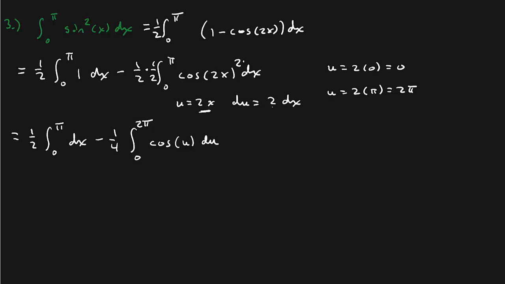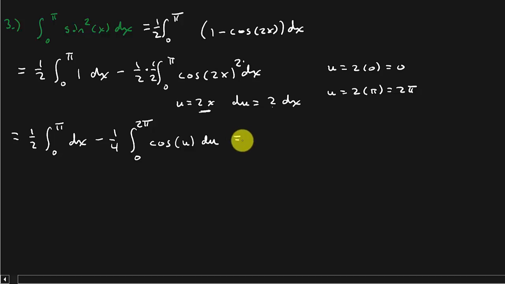All right, so now let's integrate. So we're going to get 1/2 x from 0 to pi minus 1/4 sine u from 0 to 2 pi.